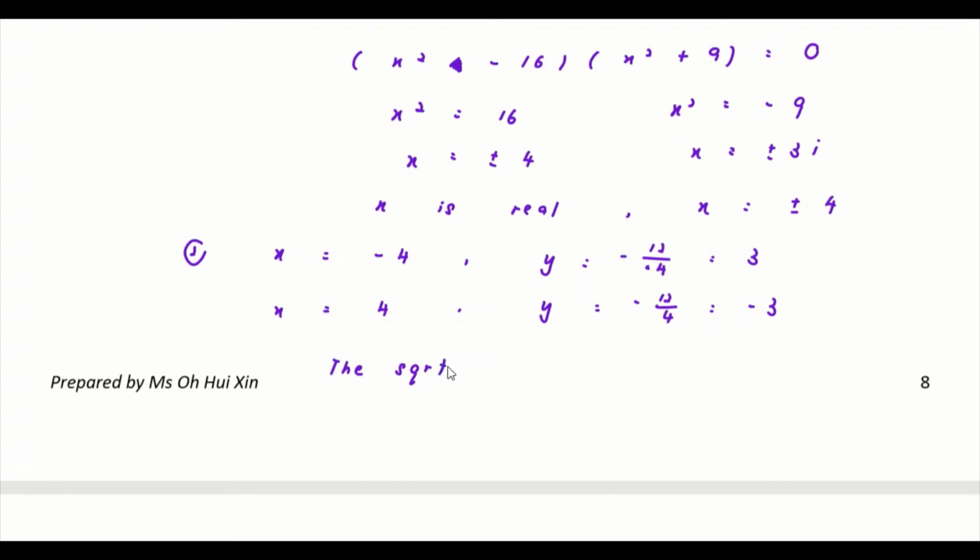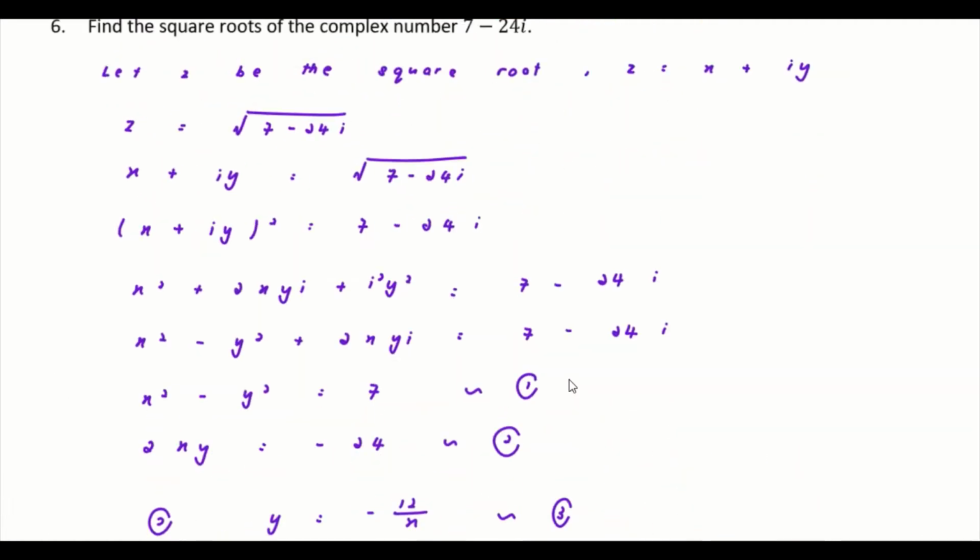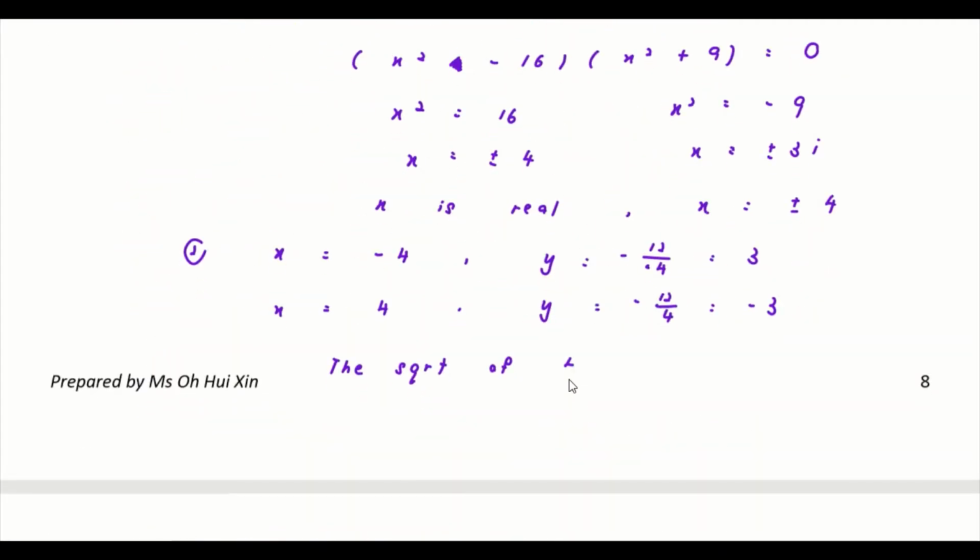I'm just writing the shortcut. The first one is −4 + 3i. Don't forget our x + iy, right? So you have the i. The other one is 4 − 3i.